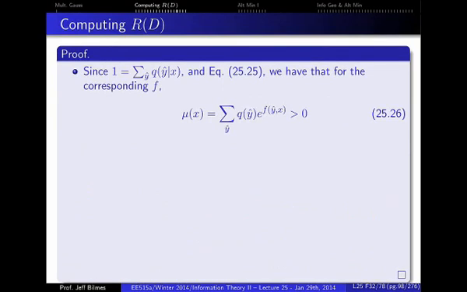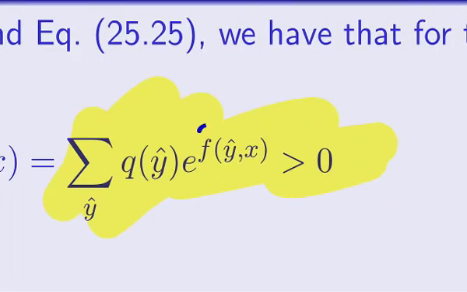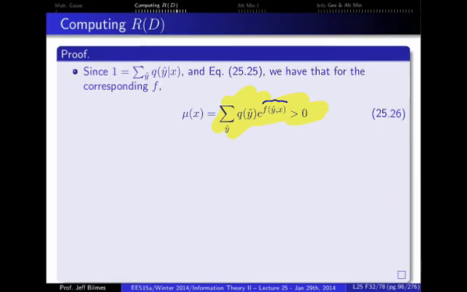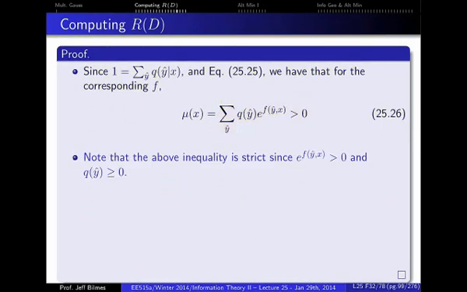The other thing to note is that mu is equal to this thing. Mu is always going to be greater than 0, thanks to its definition. We know from the fact that it's just a normalization. This function f is meant to be either one of those two exponents of e, depending on whether y hat is equal to x or not. But it doesn't matter, it's just some f. And that's never going to be equal to 0.